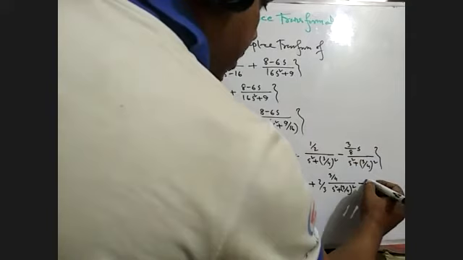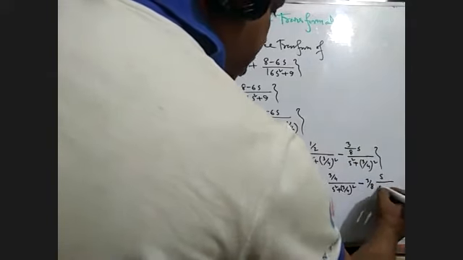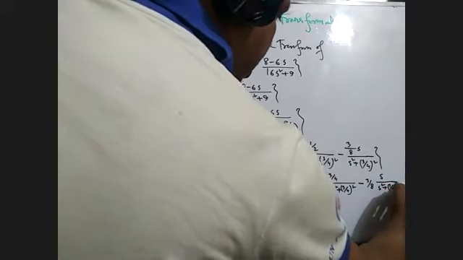If we take this 3 by 8 on this side, then we get s divided by s square plus (3/4) whole square.